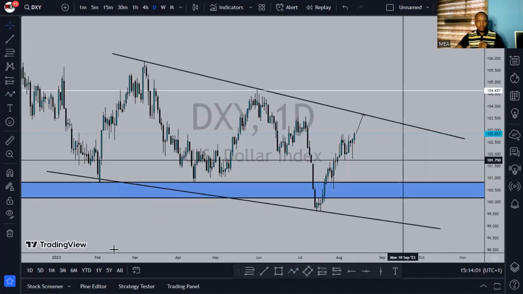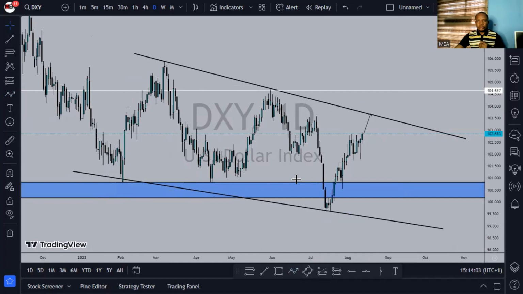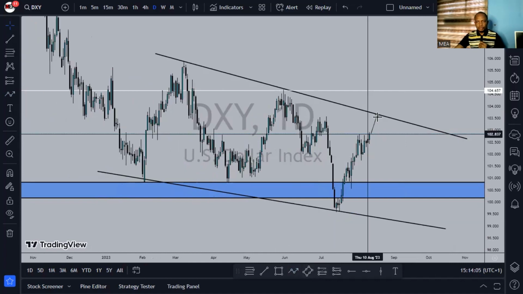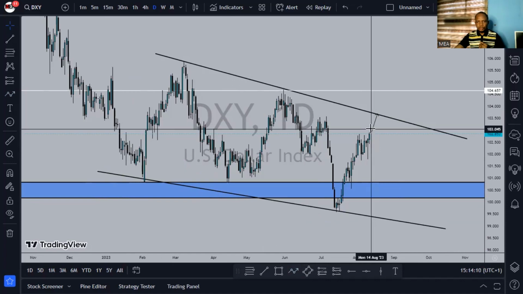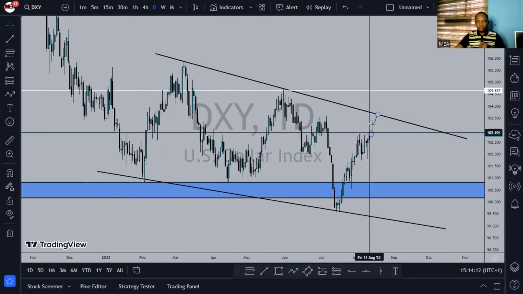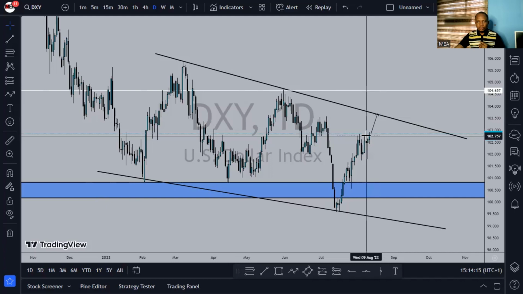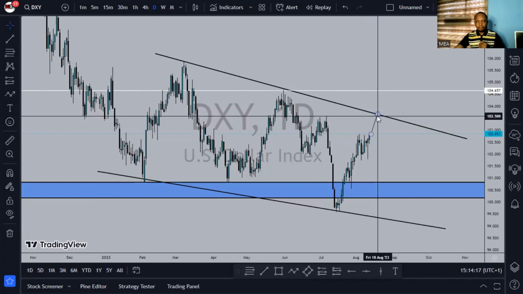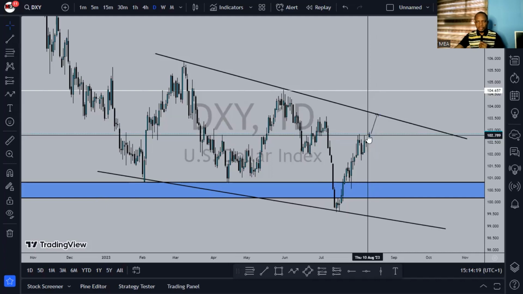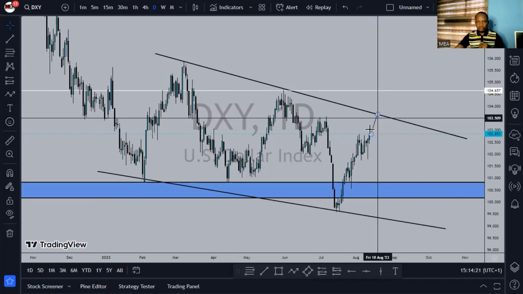So as the market opens, Euro USD will still sell. British Pounds will sell. Gold will sell. Indices will sell.